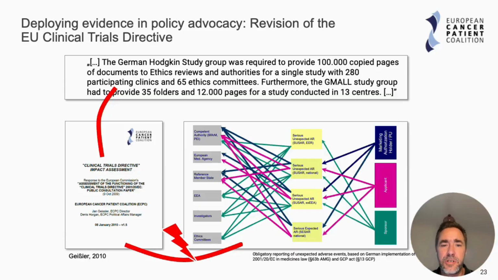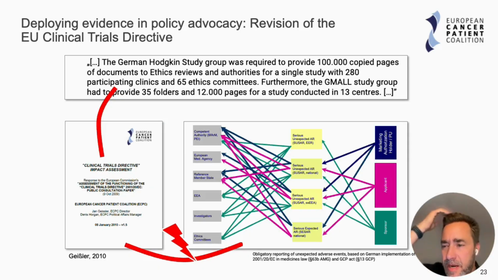You see the different institutions on the left. You see those that should take care. And you see the different types in yellow of serious adverse events. And there was a lot of reporting, a lot of paper being done, but in the end, in that noise, the real signals got lost. And that's the data that we brought.